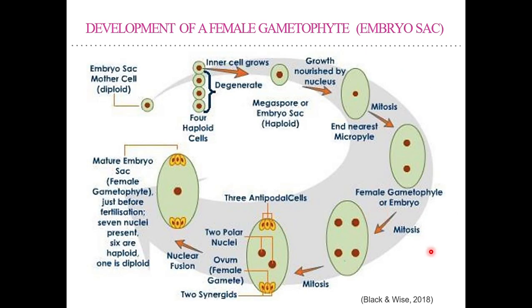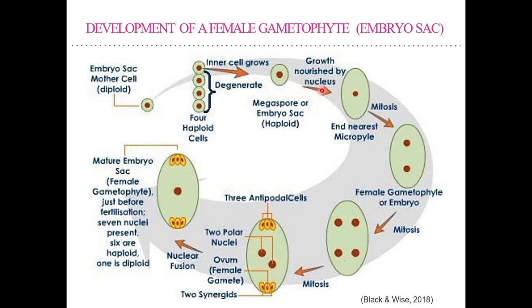So this figure further illustrates the development of the female gametophyte from the embryo sac mother cell, which is diploid, and then undergoes meiosis to form 4 haploid cells, and one of them will become the megaspore.